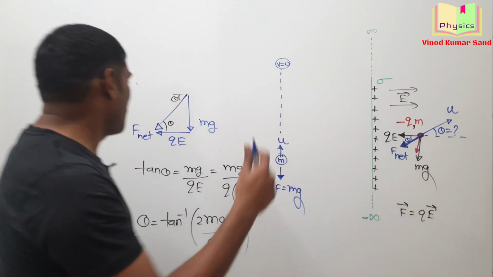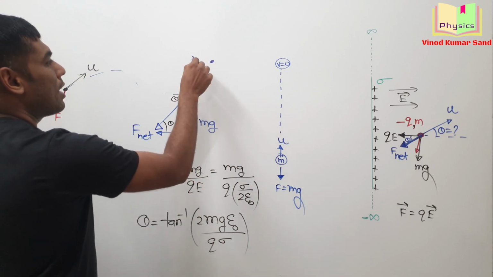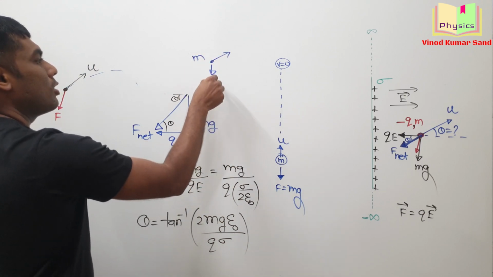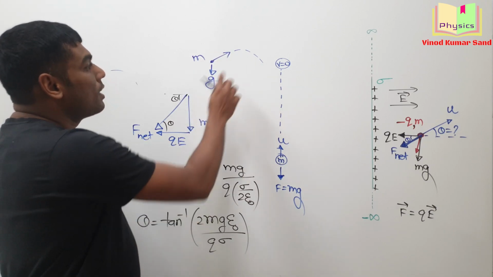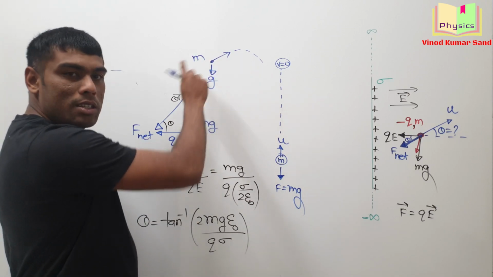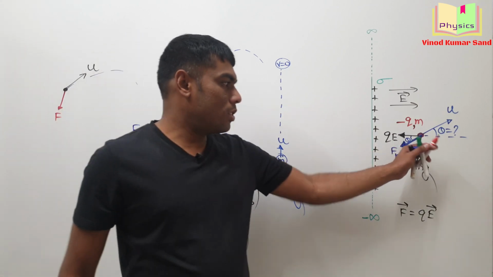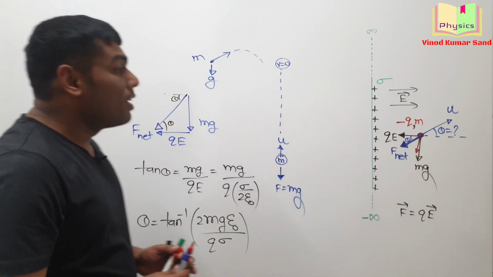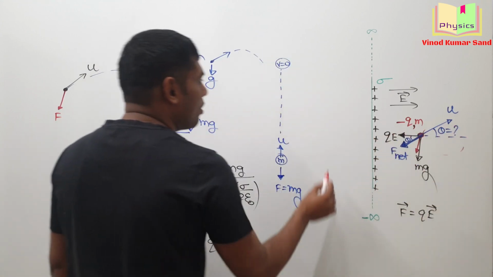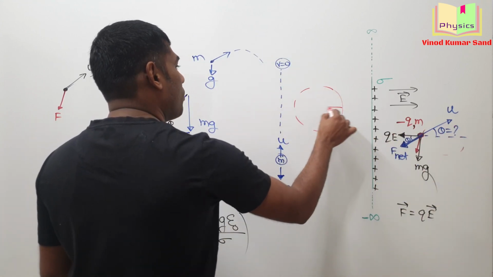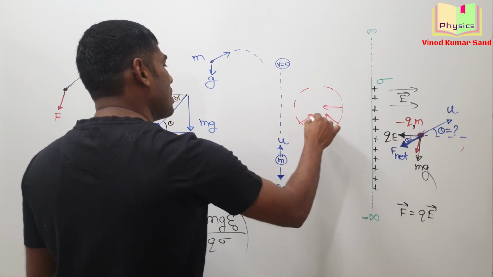So we have not taken the net force along the red direction. Got it? You have seen that if this is mass m thrown like this, acceleration due to gravity is here, it performs the projectile motion, then it will never ever return back to its initial position. So this is obviously not a choice. For circular motion of this particle, one component of the force must always be acting toward the center.